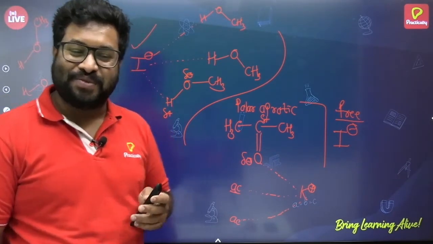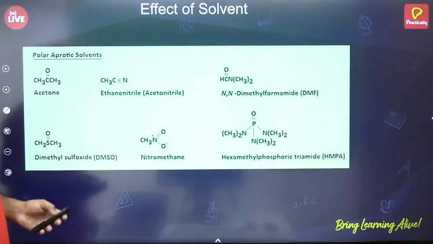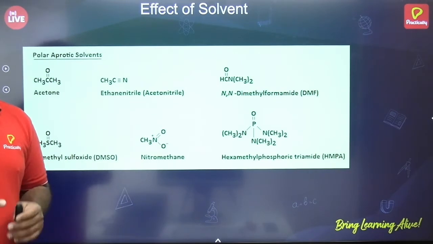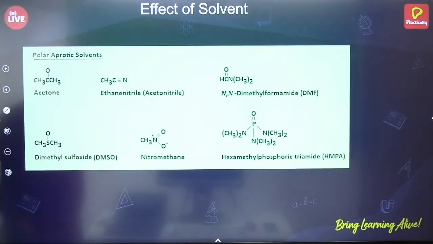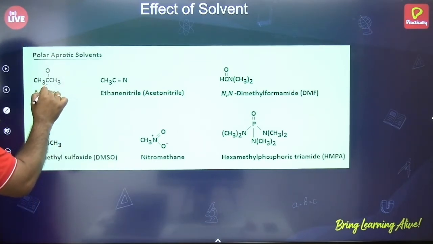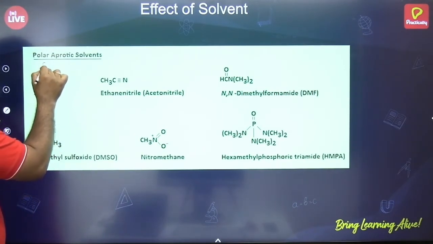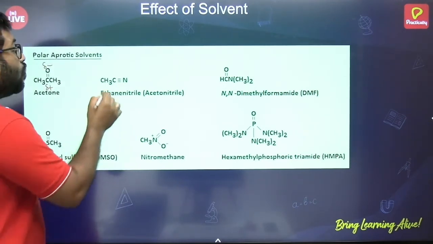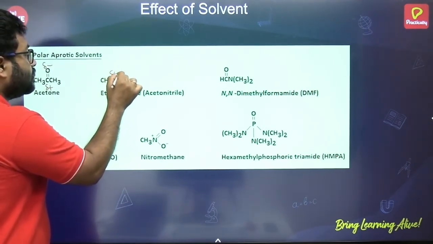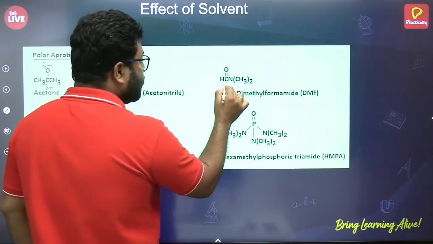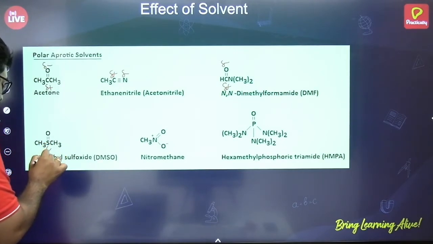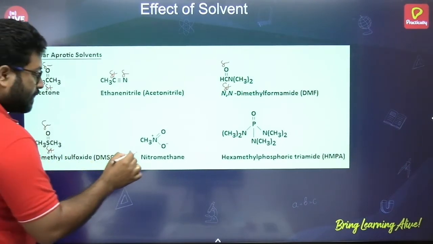Okay, so moving ahead. Now that you understood the effect of solvent, let's see some different kinds of solvents. So acetone, as I told you, has a delta plus here, delta minus here. These are all polar aprotic solvents. Carbon delta plus, nitrogen delta minus. Similarly, carbon delta plus, oxygen delta minus. Here also sulfur delta plus, oxygen delta minus.